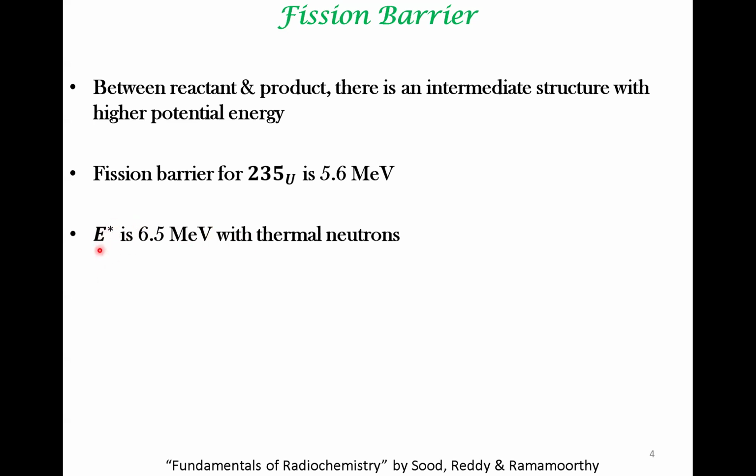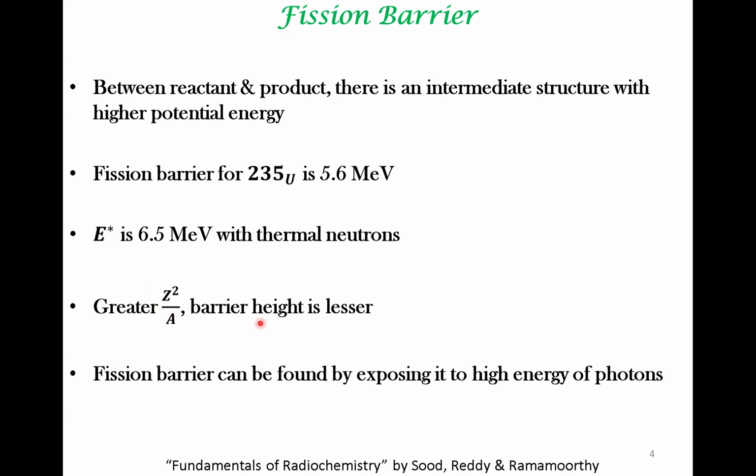So this excitation energy is more than the activation barrier. Therefore, fission is possible. In general, it is seen that greater the Z squared by A, lower is the barrier. So if this is greater, the barrier height is lesser.